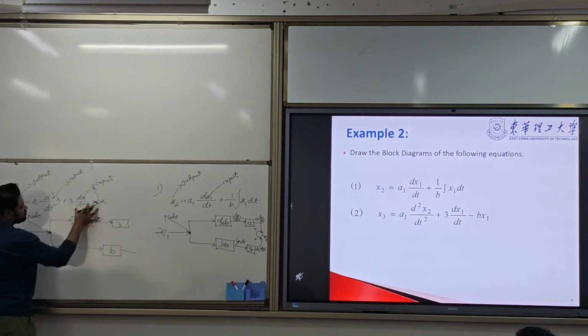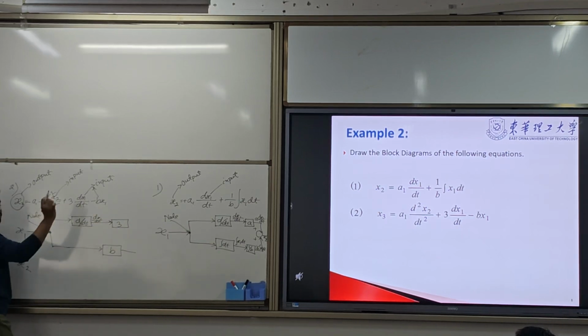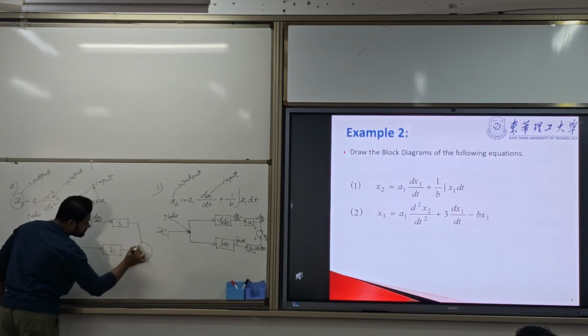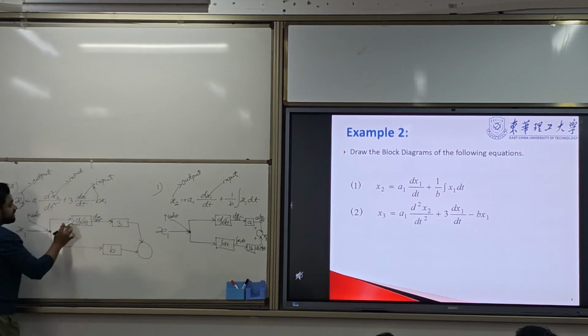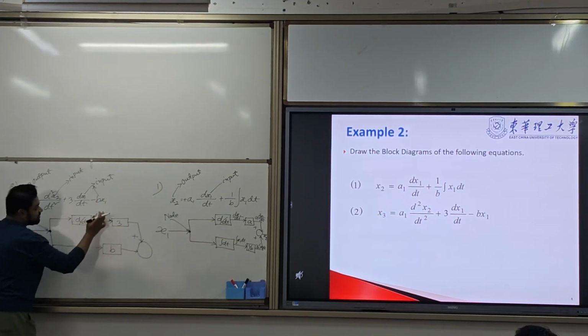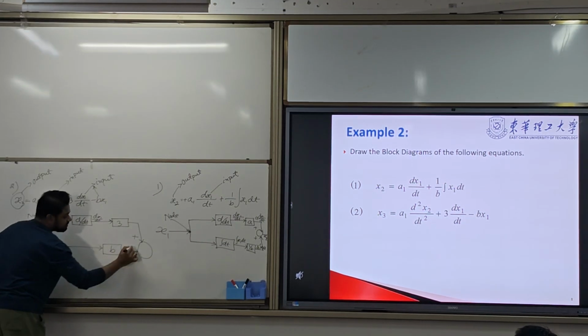Now these two will have a summing point. We have the direction like this. Here we have a positive sign, and here we have a negative sign.